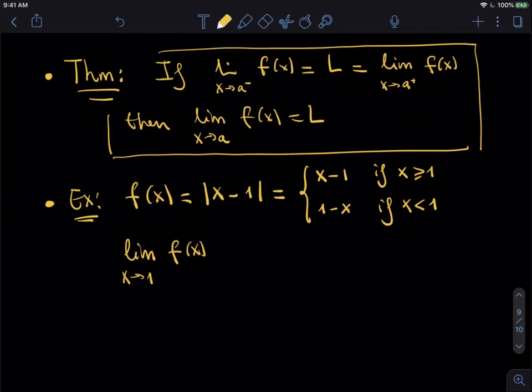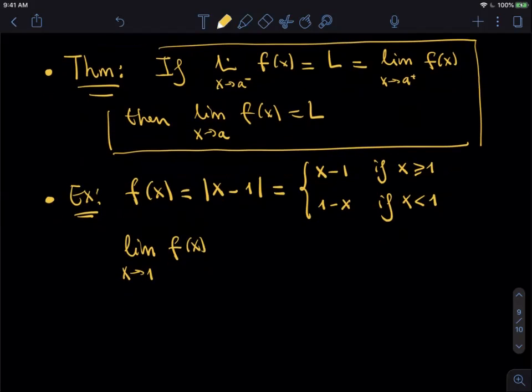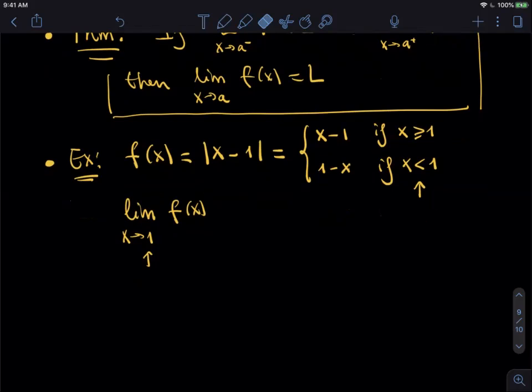Let's see. So let's compute the lateral limits. You see that in this case, the function is a piecewise defined function, and the two halves are separated by x equals 1, which is the point where we are taking the limit. So then we are going to compute the lateral limits, see what happens.